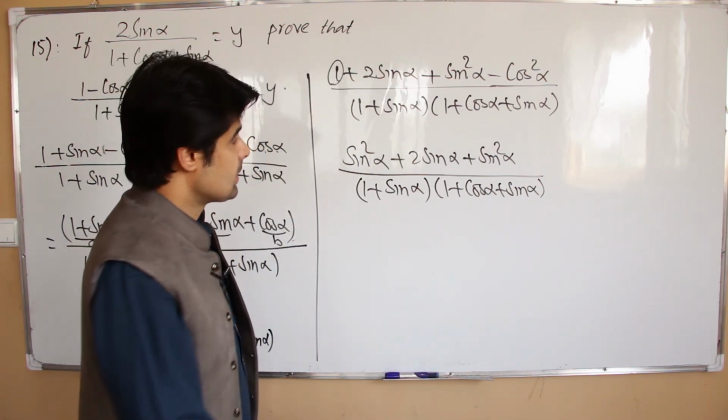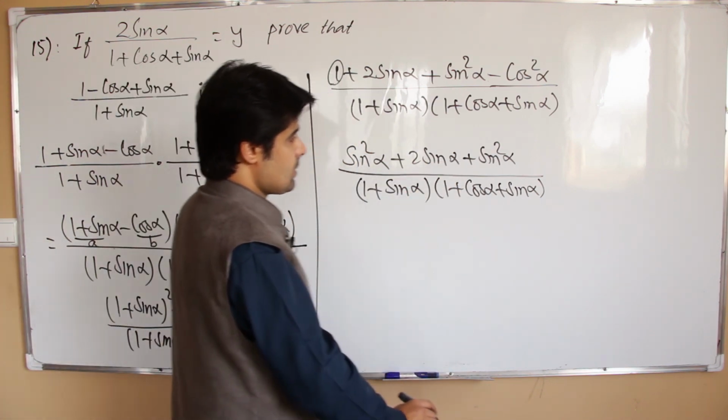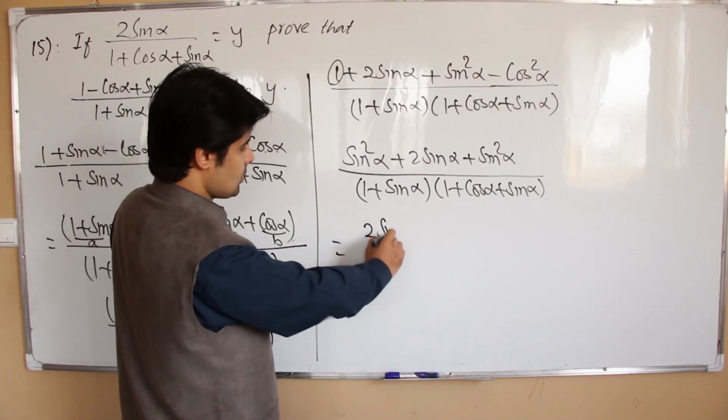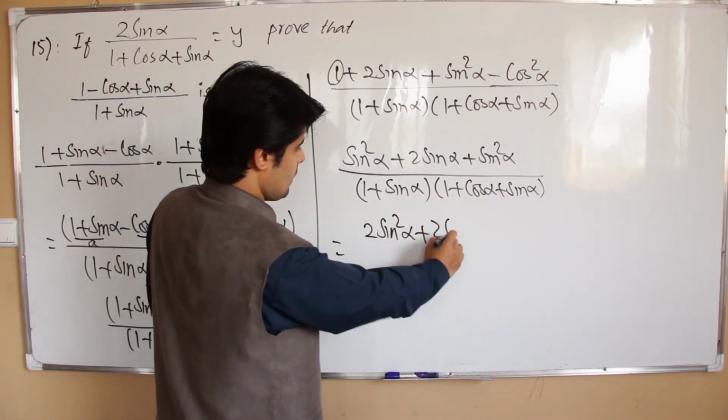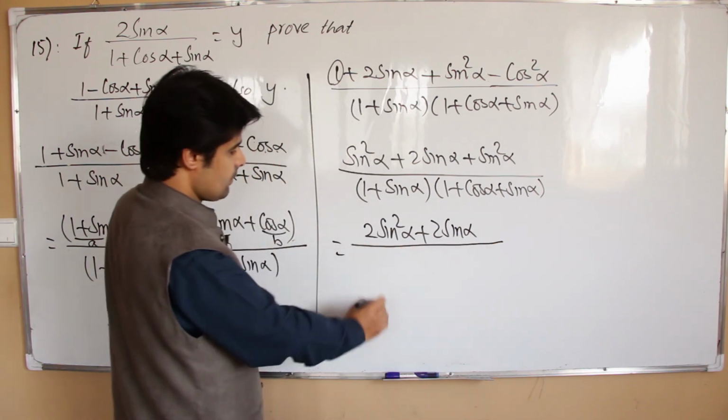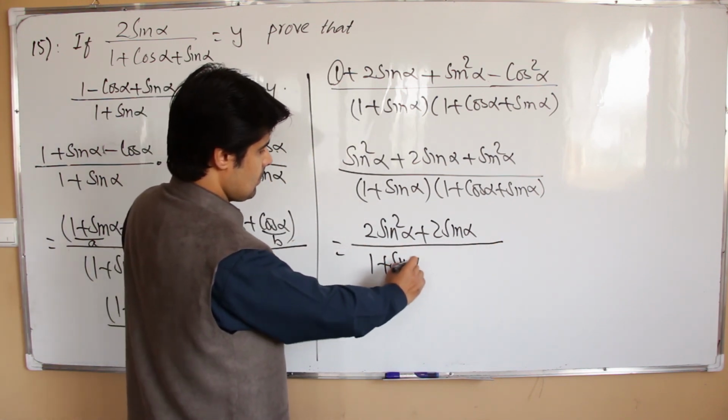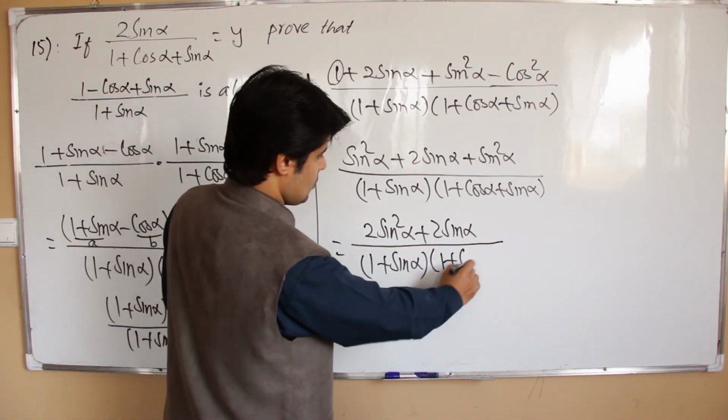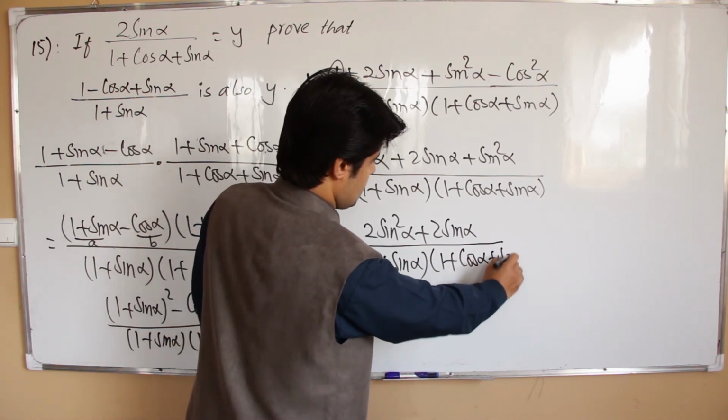Am I right? Yes. Sine square plus sine square is 2 sine square of alpha plus 2 sine of alpha, divided by 1 plus sine alpha, 1 plus cosine alpha plus sine alpha.